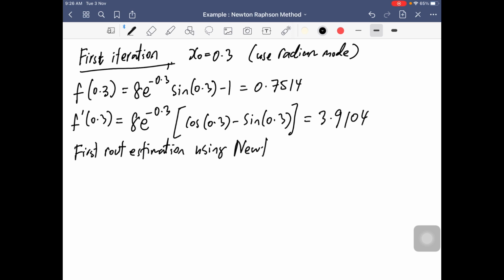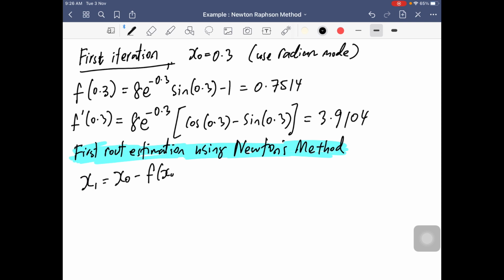Okay, so we start our first root estimation by using Newton's method. Based on the formula, x1 equal to x0 minus f(x0) divided by f'(x0).